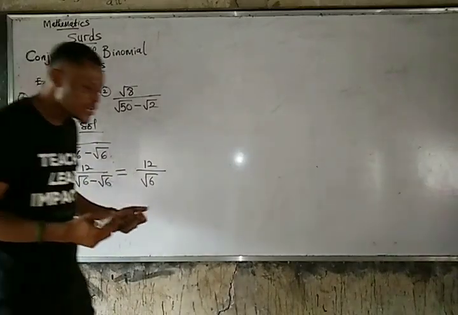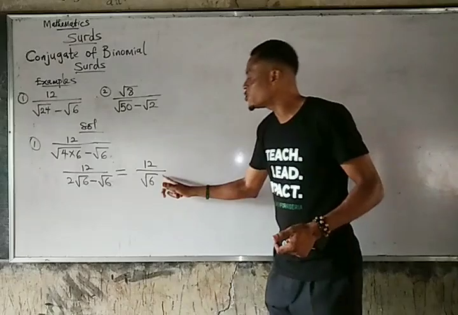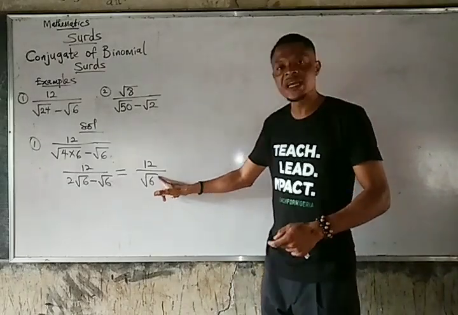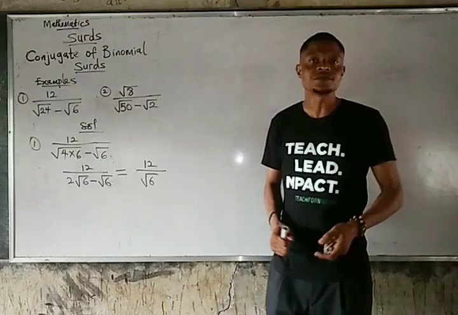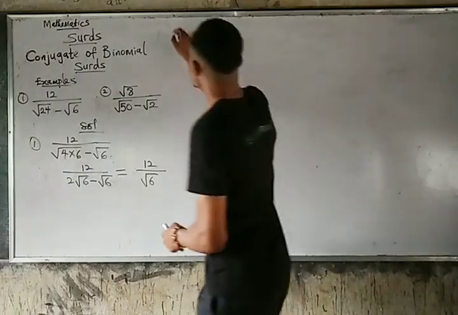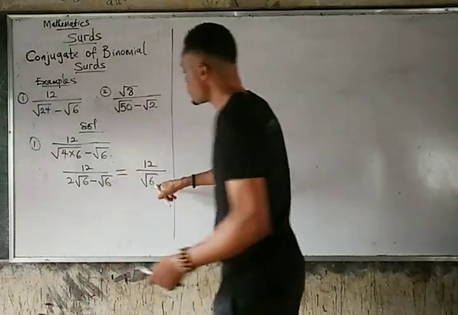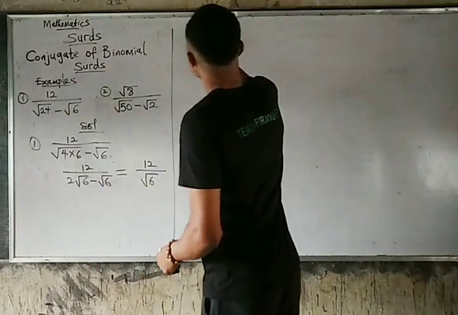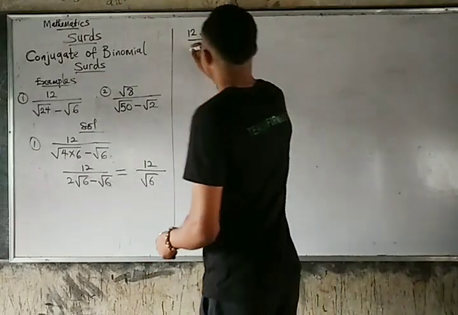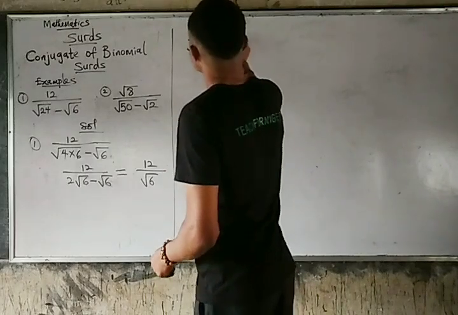And if you have been following the previous classes, you will remember that I told you that under no condition should you leave your answer with the denominator having roots. So we are going to rationalize this. When you want to rationalize this, we will have 12 multiplied by root 6 all over root 6 already present, root 6 multiplied by root 6.